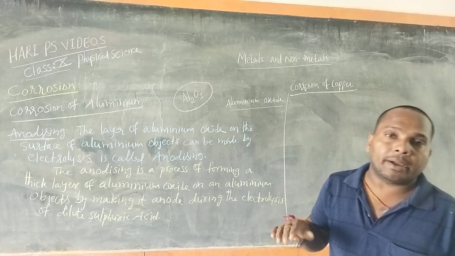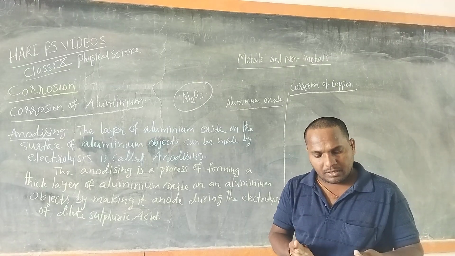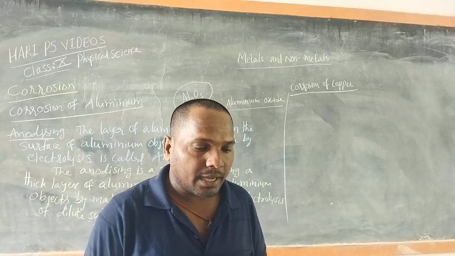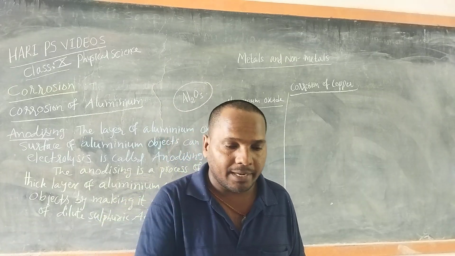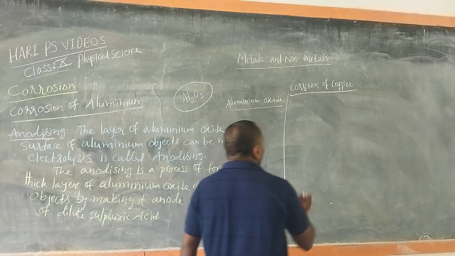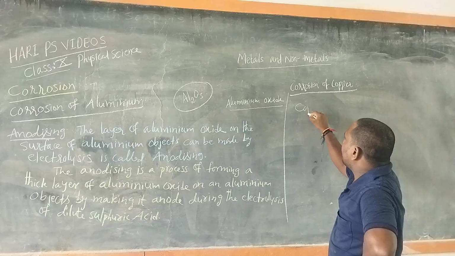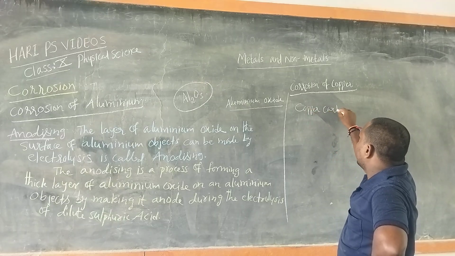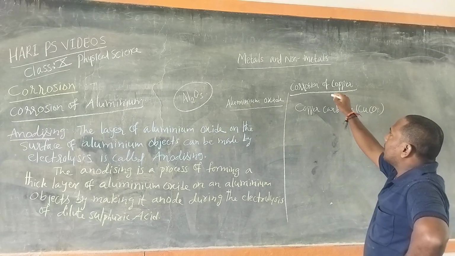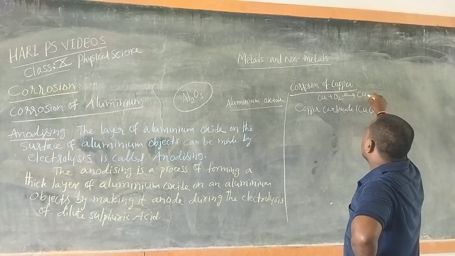When a copper object remains in damp air for a considerable time, the copper reacts slowly with the carbon dioxide and water of air to form a green coating of copper carbonate, CuCO3.